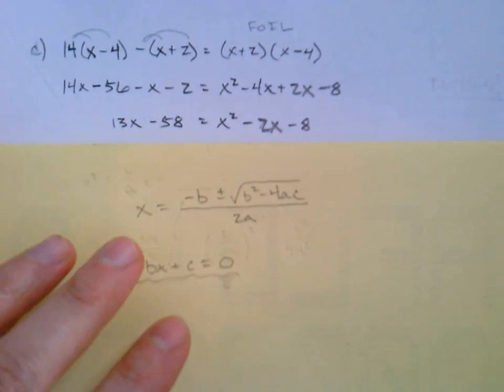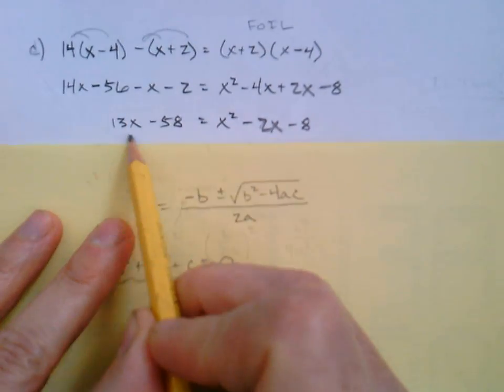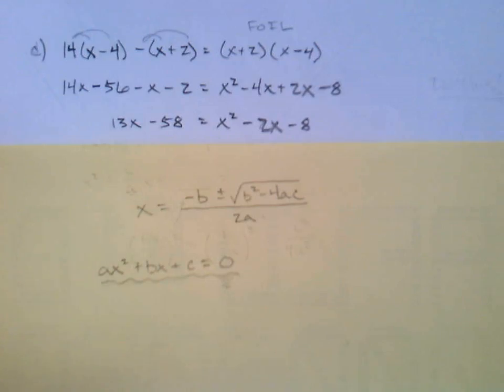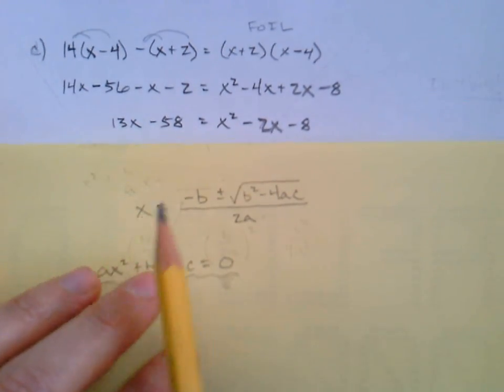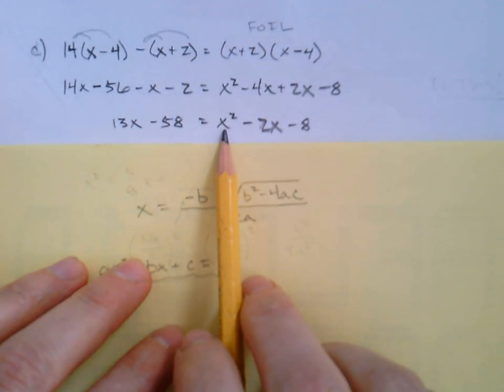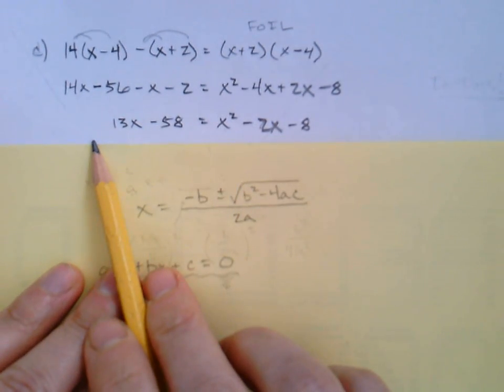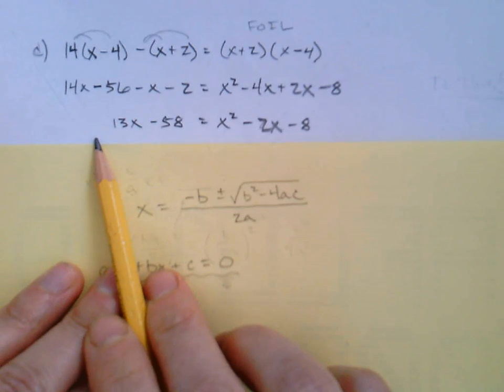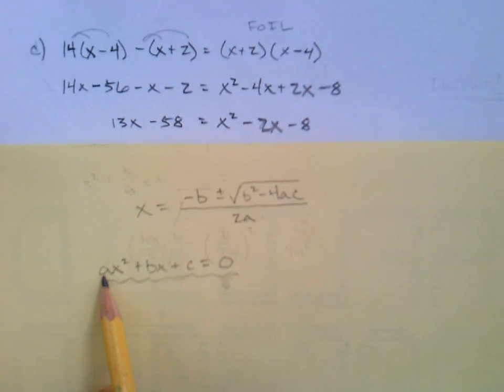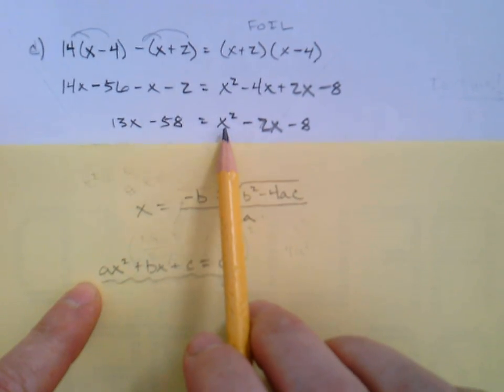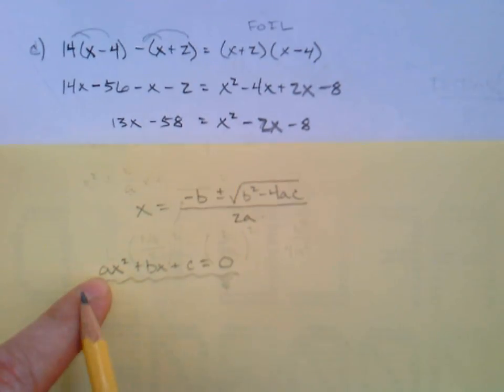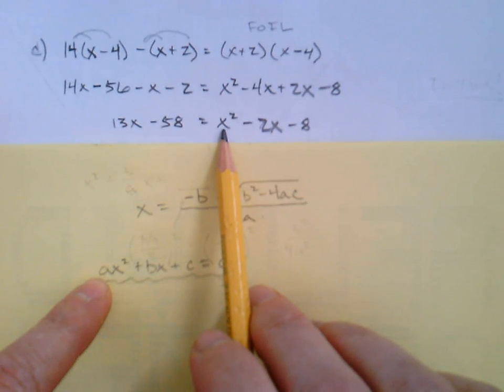But I highly recommend moving these over to this side. Why is that? If I subtract x squared from both sides, then I'm going to have negative x squared, making a negative 1. Given the choice, I prefer to keep the x squared on the right side because A will stay as positive 1.